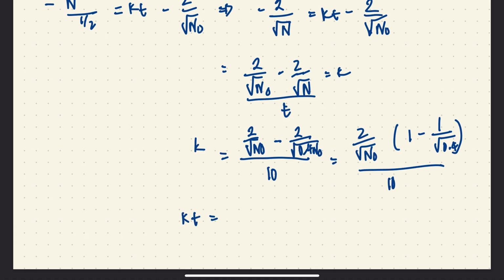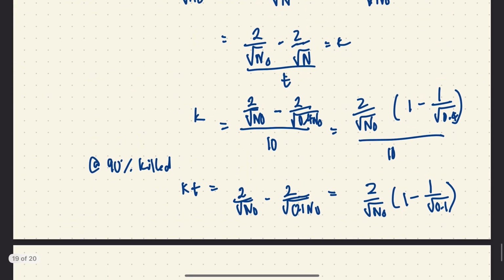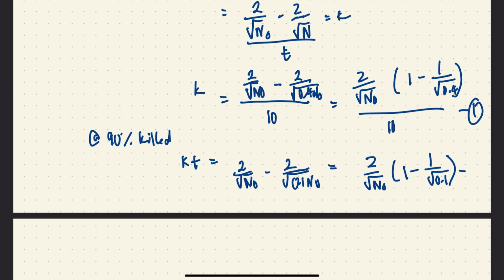So this only turns into kt at 90% killed. So this is 2 over square root of n0 minus 2 over square root of 0.1 n0. We don't have the time divided here because it is multiplied. Then we can factor out 2 over square root of n0 again. So this is 1 minus 1 over square root of 0.1. Okay? So we can use both equations. This is equation 1, this is equation 2.